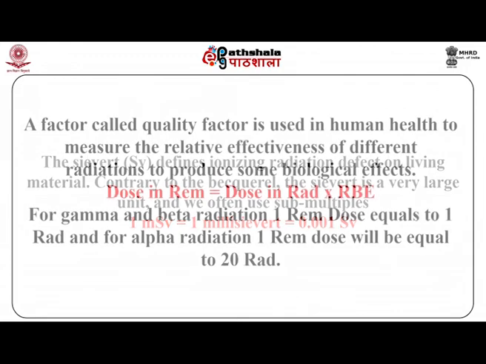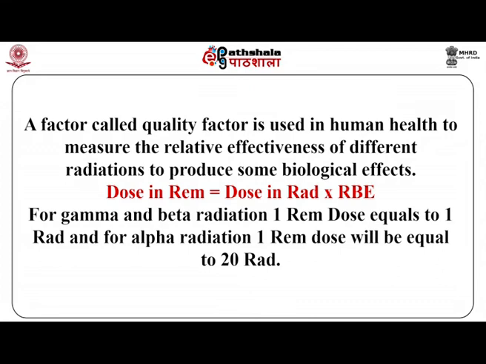A factor called quality factor is used in human health to measure the relative effectiveness of different radiations to produce some biological effects. This is measured in terms of dose in Rem, which is dose in Rad times RBE. For gamma and beta radiation, 1 Rem dose equals 1 Rad, and for alpha radiation, 1 Rem dose will be equal to 20 Rad.